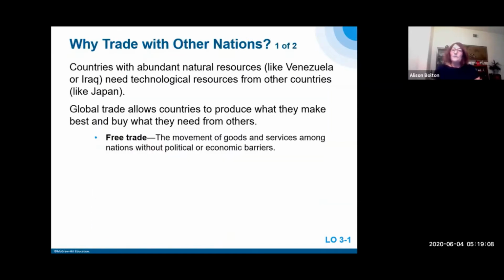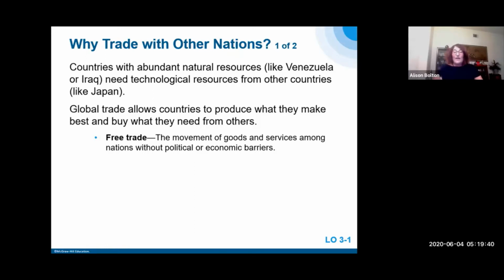Okay, so why trade with other nations? Countries that have an abundance of natural resources, like Venezuela, and we saw South America there, or Iraq, need technological resources from other countries like Japan. Japan produces cell phones, computers, servers, all the equipment for technology, primarily, compared to the United States by far.